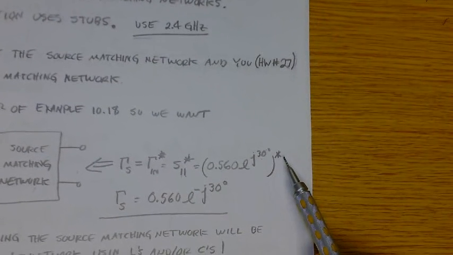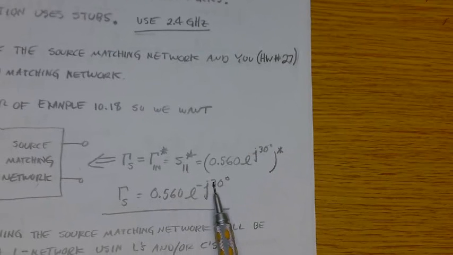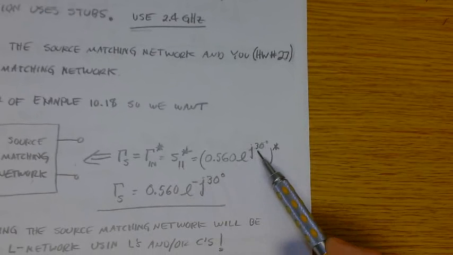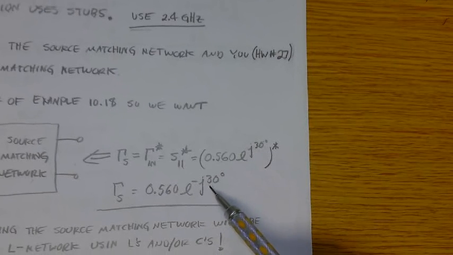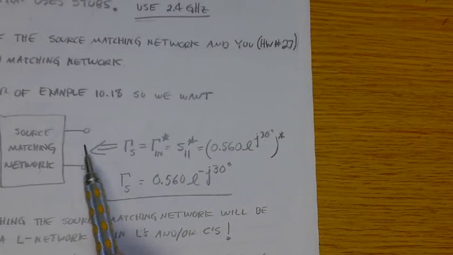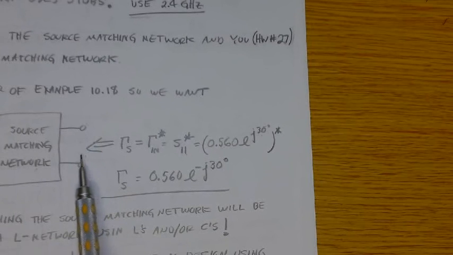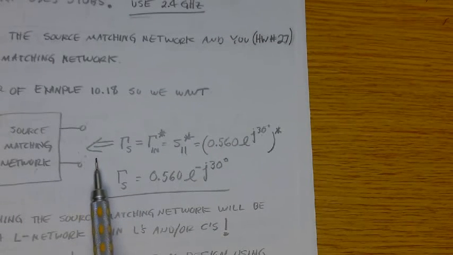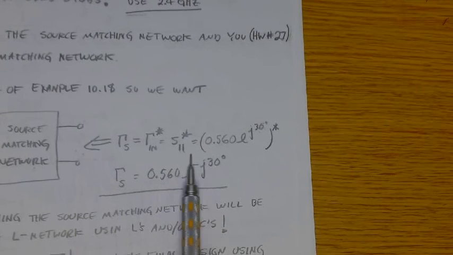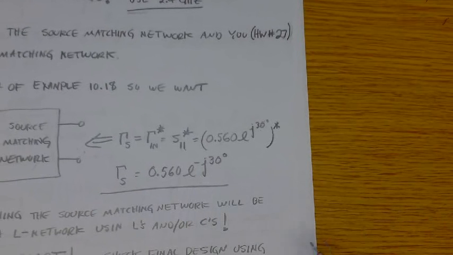So we want it to be 0.56 at an angle of minus 30 degrees. You form the conjugate when it's in polar form by just negating the phase. Okay? So looking into here, I've got to get from the center of the Smith chart, and we're going to use the Smith chart here, to some impedance so that when I take that impedance and subtract 50 from it, and take that impedance and add 50 to it, and take that ratio, I get this 0.56 at an angle of minus 30 degrees.